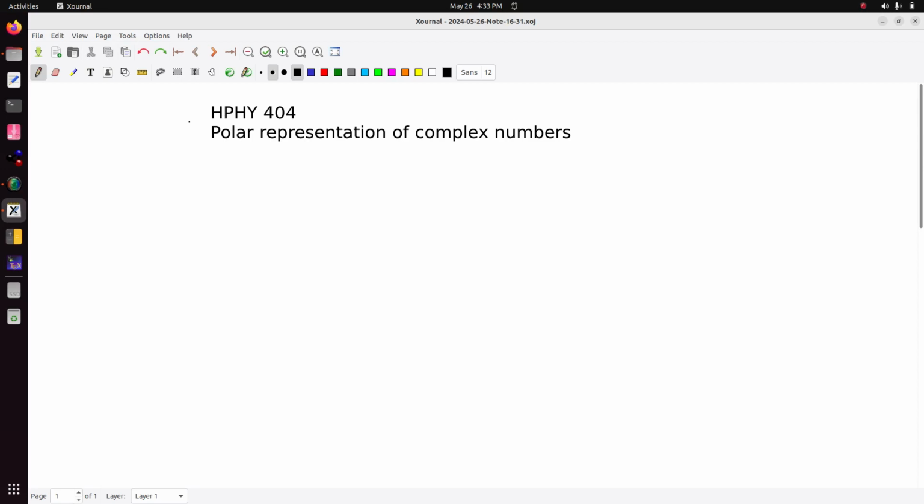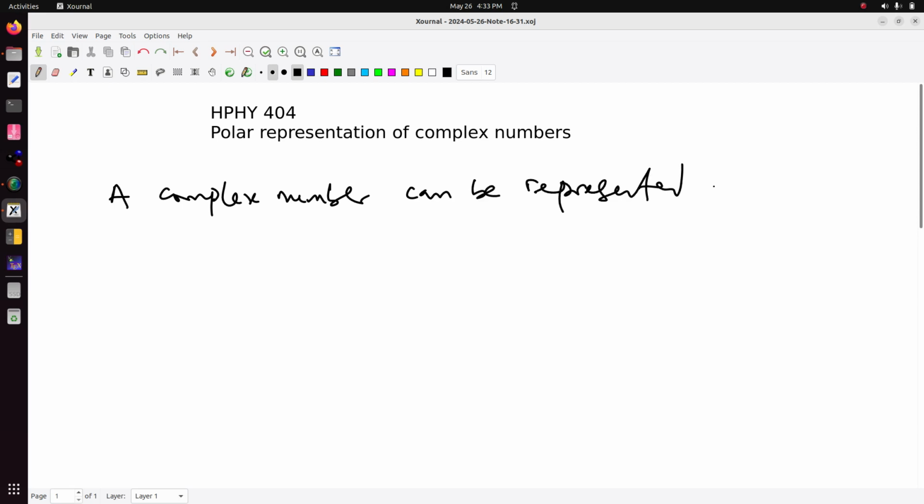So today we'll start with the polar representation of complex numbers and the applications in finding the power and the roots of complex numbers. So a complex number can be represented by the plane polar coordinates.